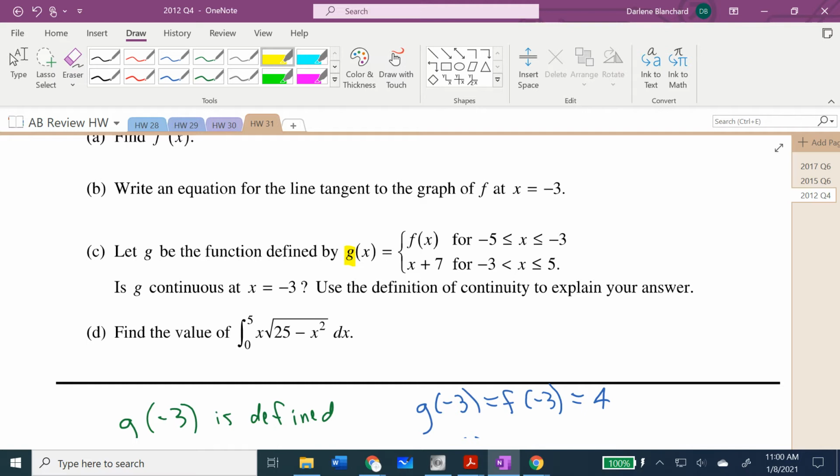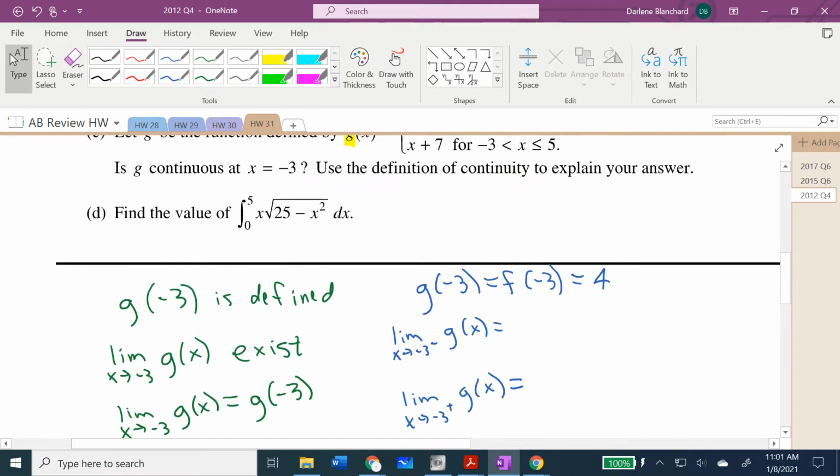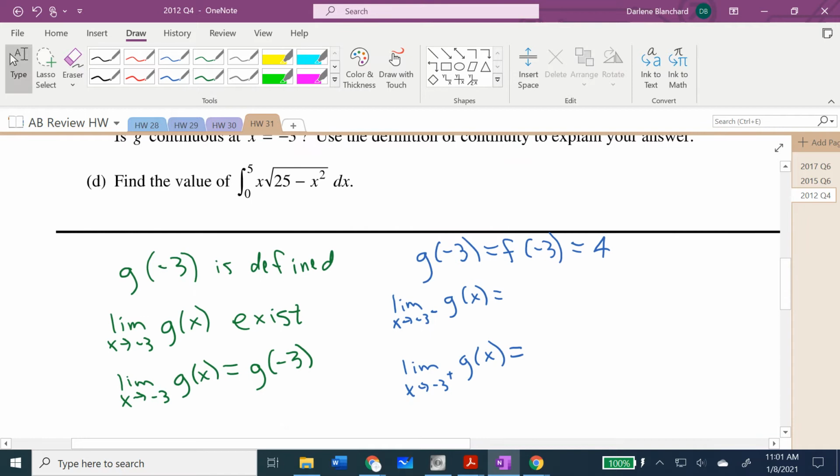The left side of negative 3 is looking for when x is smaller than negative 3. And that's f of x. So I want to clarify that I understand that this is equal to the limit as x approaches negative 3.